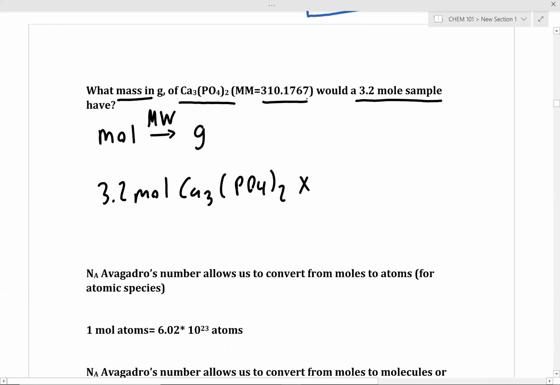Gram per mole, right? So we know that there are 310.1767 grams of calcium phosphate per every 1 mole of calcium phosphate.